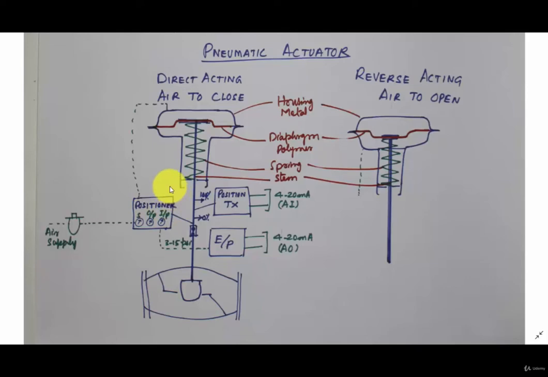So why is the positioner required? The positioner is also a pneumatic instrument. It will amplify the 3 to 15 pneumatic signal received from the electro-pneumatic instrument, and it gives more pressure to the diaphragm. Why is it required? Because we have a large process pressure inside the control pipeline, inside the control valve. Against this process pressure, your plug has to move up and down.